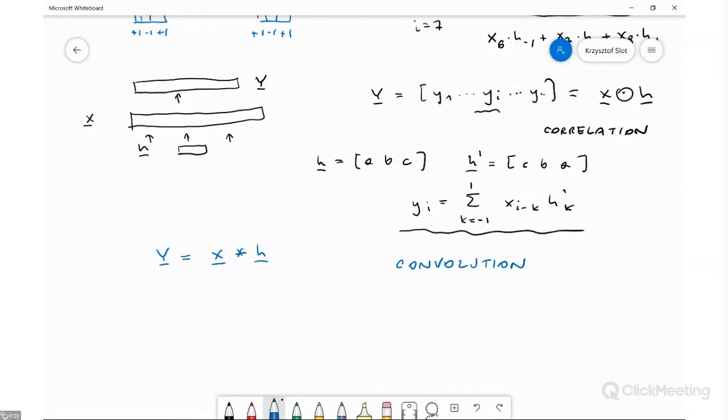So just to summarize what I have said so far: I can detect some structure that is present in an input row, or one-dimensional information, if I apply a filter and compute dot products.